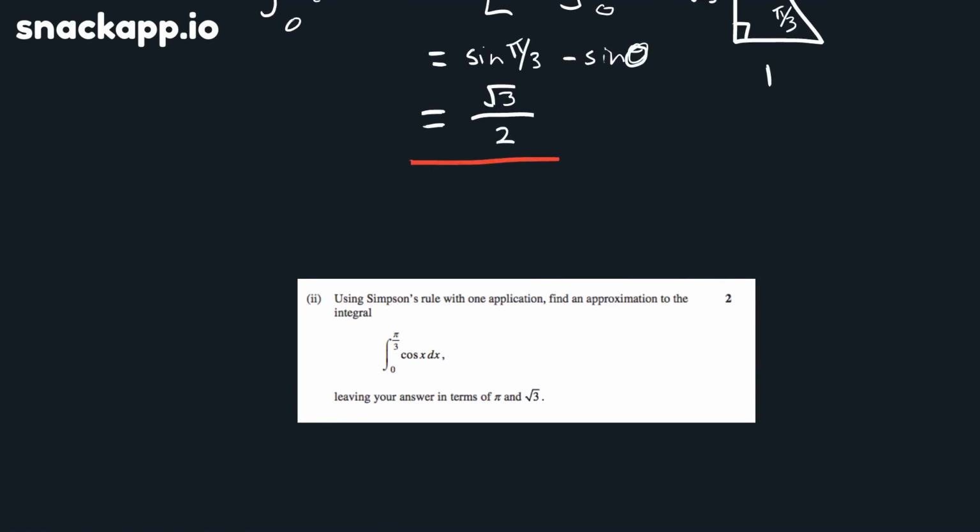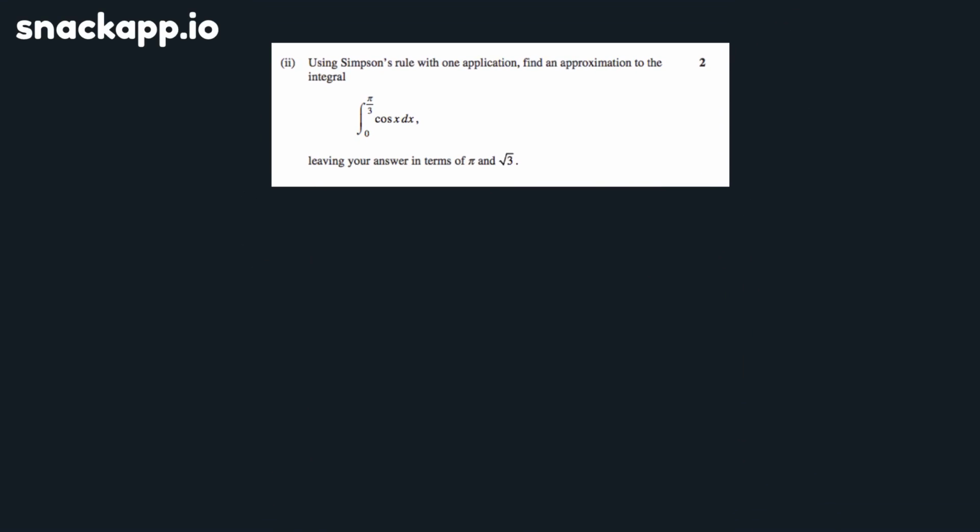All right, let's move on to the second part. We're going to use Simpson's rule to approximate the same integral. Okay. So we also need to remember that our answer needs to be in terms of pi and root 3. So for Simpson's rule, we need to remember what it's actually doing. If I drew a quick curve, whatever that curve is there, let's call it f.